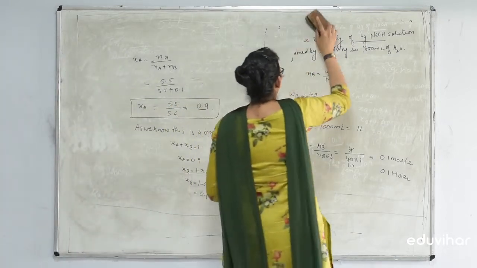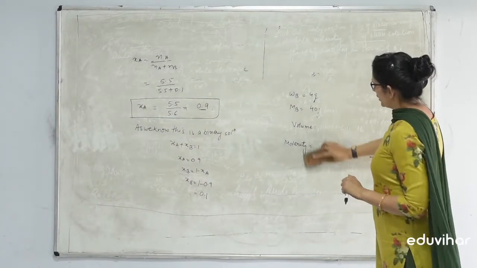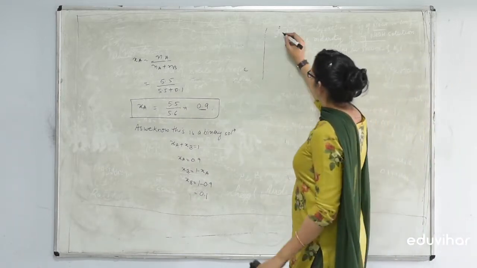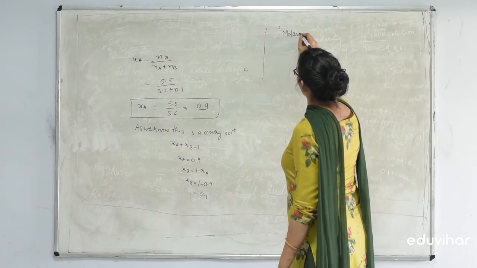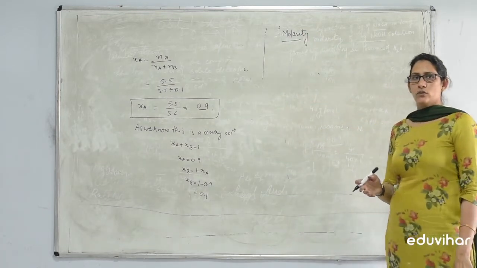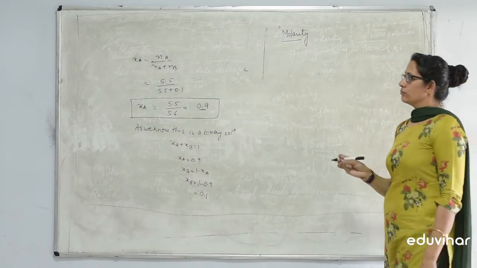The next topic we start with is molarity. A very important topic is molarity. Molarity is also a term to calculate the concentration of a solution in terms of number of moles.